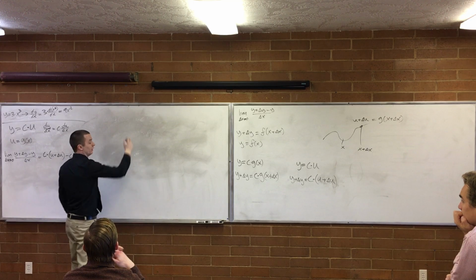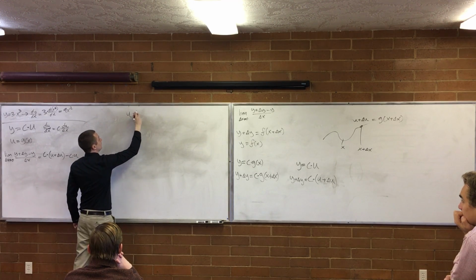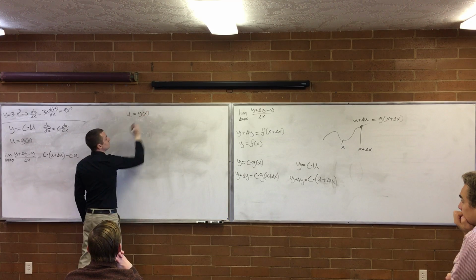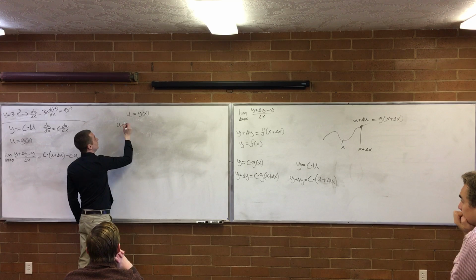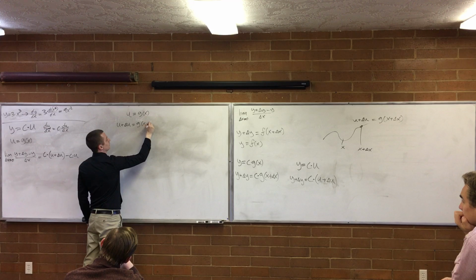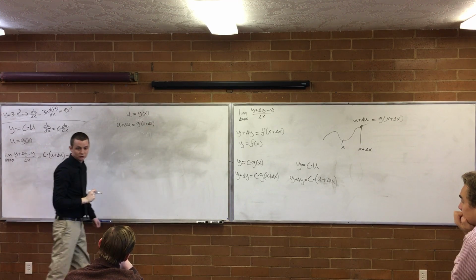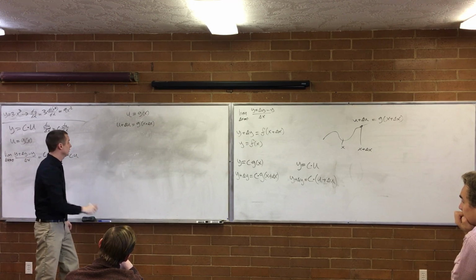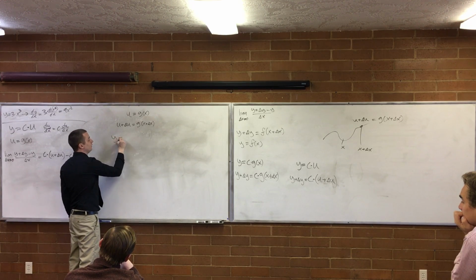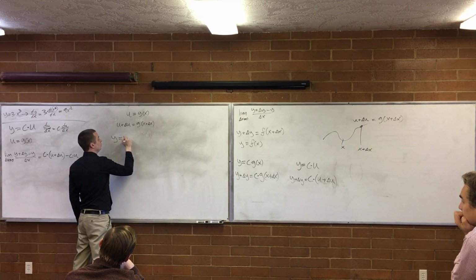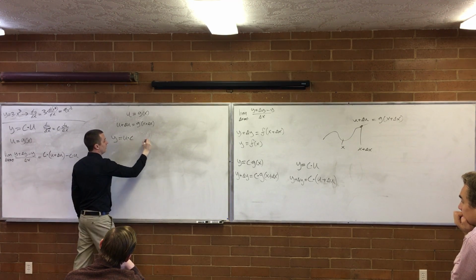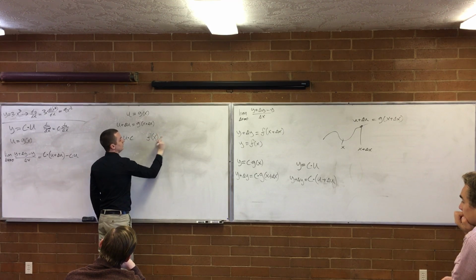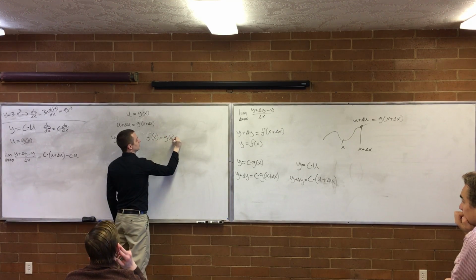Let's say that I have u is equal to g of x. Then u plus delta u is equal to g of x plus delta x. Good with that? Okay, then say y is equal to u times c. Or in other words, f of x is equal to g of x times c.